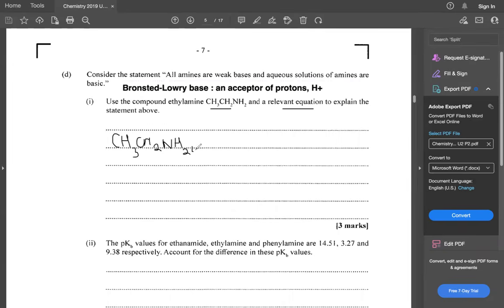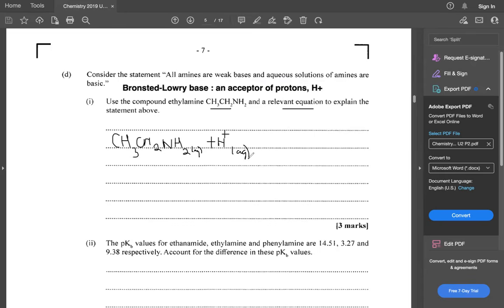And as we mentioned above, this is in aqueous solution. According to Bronsted-Lowry theory, a base is an acceptor of protons. So we can show the ethylamine accepting a proton, right, in aqueous solution.